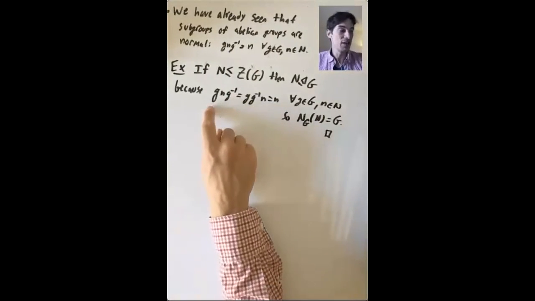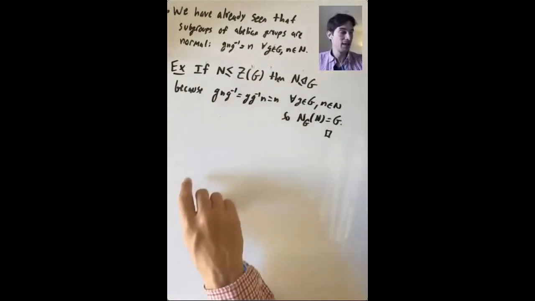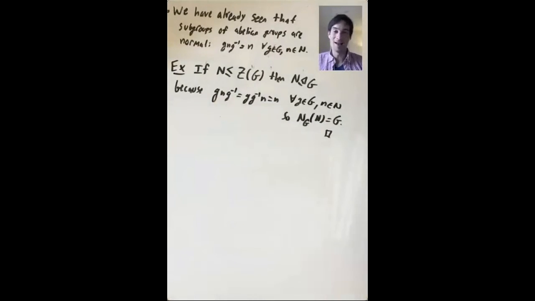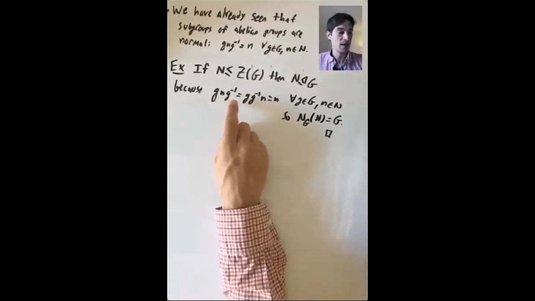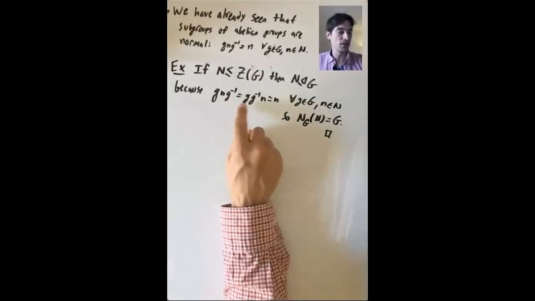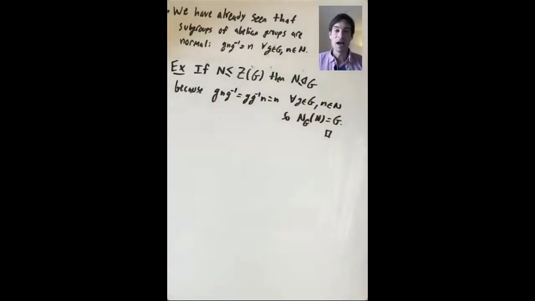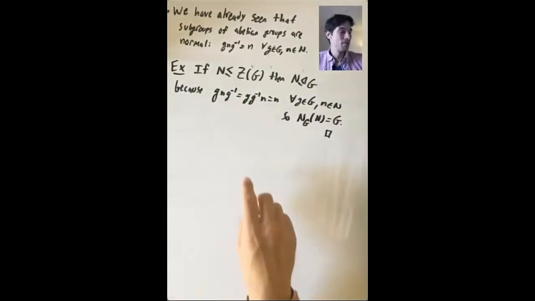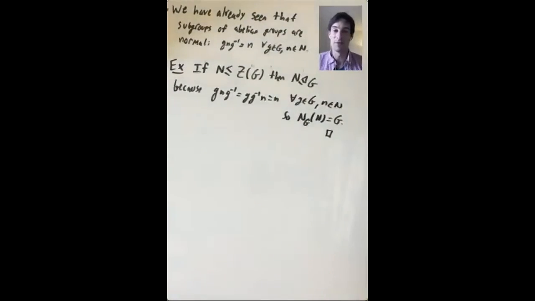Because if you take g n g inverse, where n is something in your subgroup contained in the center, then that means n commutes with everything. So you can switch the order of n and g inverse, and you get g inverse n, and you just get n. So not only is g times this subgroup times g inverse equal to the subgroup, so that it's fixed when you conjugate by g, but it fixes every element. So it's exactly the same thing that was happening with subgroups of abelian groups.